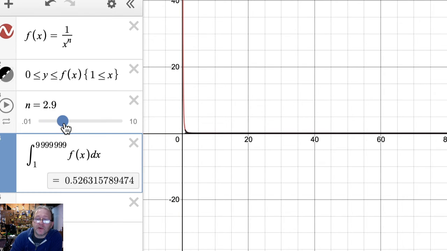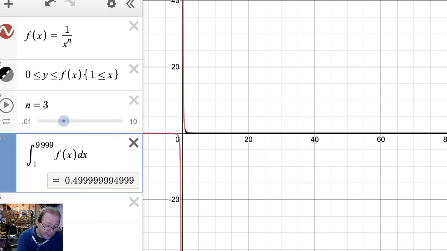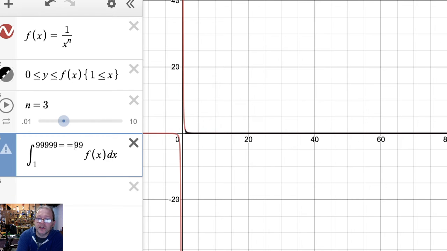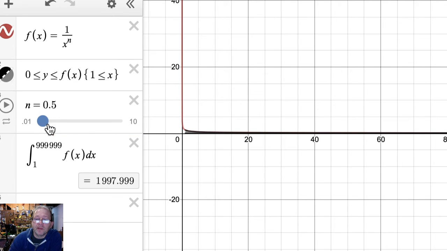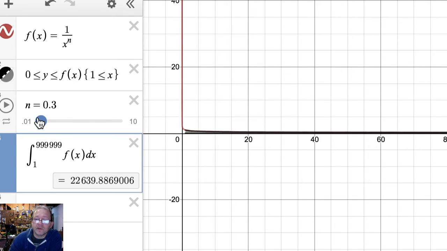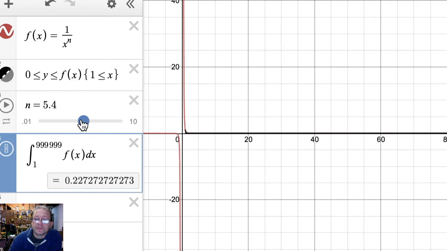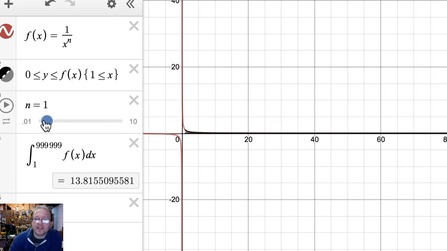If I pull up here to 3, as my b goes to infinity, this is getting closer and closer to 1/2. But if you come back here to 1, making this number bigger makes this grow arbitrarily large, and the same sort of thing happens below 1. So a difference happens when n passes across 1.